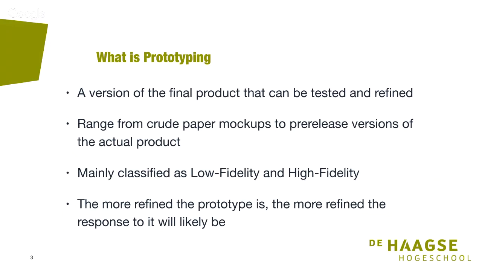Or it can be a pre-release version of the actual product. So alpha releases of software, beta releases of software, these are also prototypes of the final product. They're not fully complete, but you can already use them to test the product and get some feedback about it.